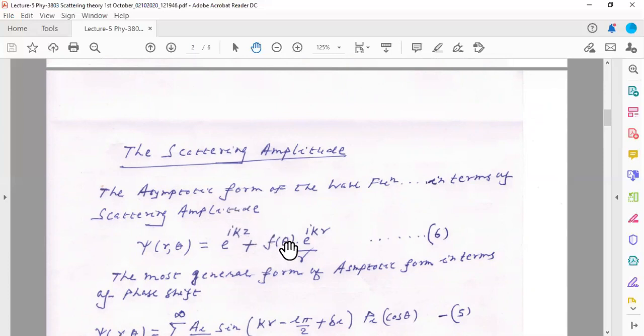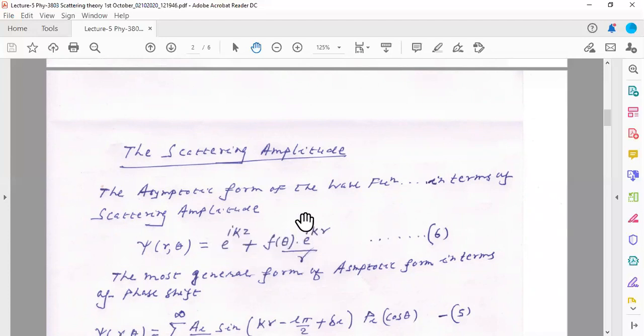You see, F theta is the scattering amplitude, and you know e to the power of i k z is basically the plane wave expression, because we have a particle. This particle has two eigenstates. This eigenstate is basically indicating the plane wave. This is basically an incident particle moving along z direction, represented by a plane wave.